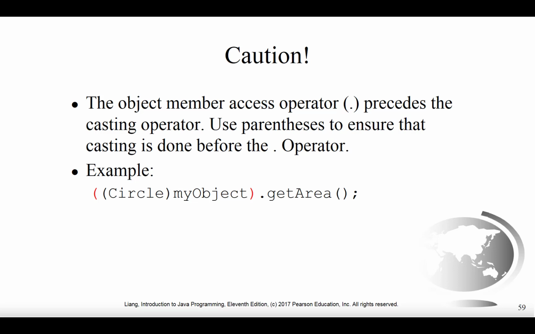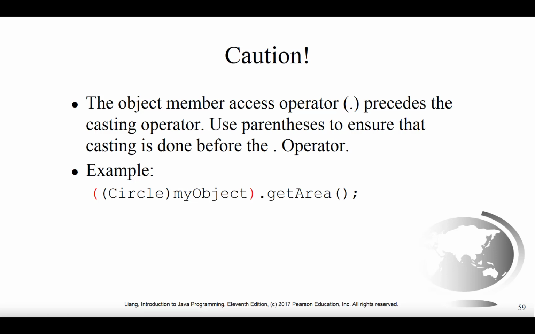So if you don't have those red brackets in there, what will happen is we will attempt to take the dot getArea method of my object and then cast that result as a circle, which of course is nothing close to what we want to do here, because the getArea method returns a double, and you're not going to cast a double as a circle.